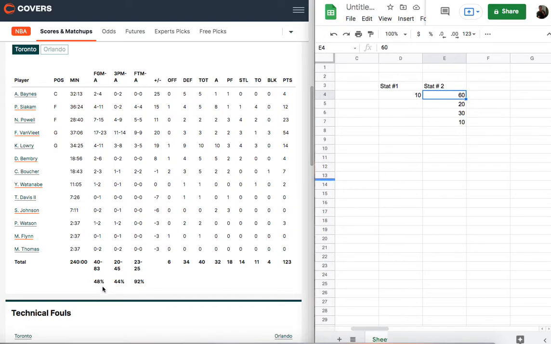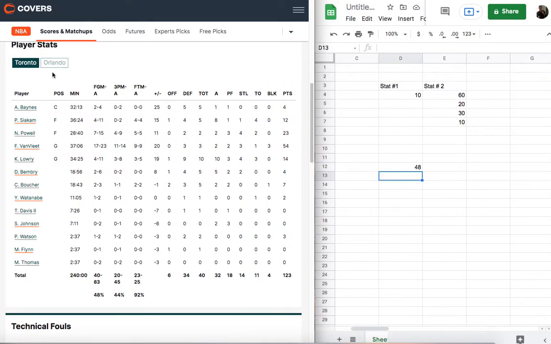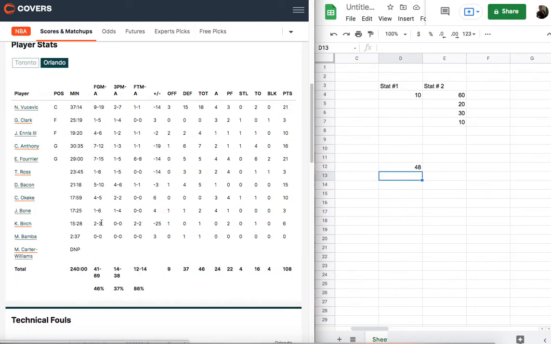So Toronto averages 48% field goal percentage, so let's write down 48 here. And their opponent, let's say Orlando, averages 46%. If you take 48 minus 46, that comes to a 2.